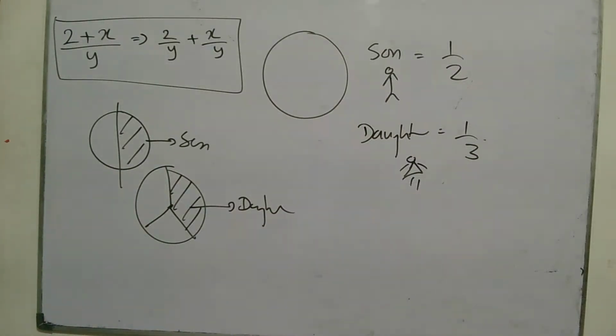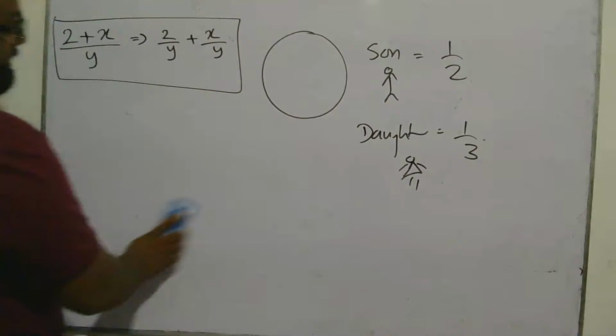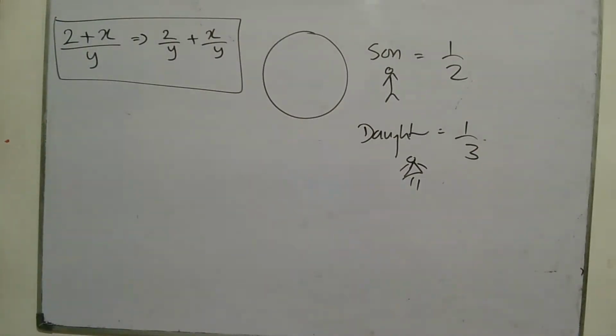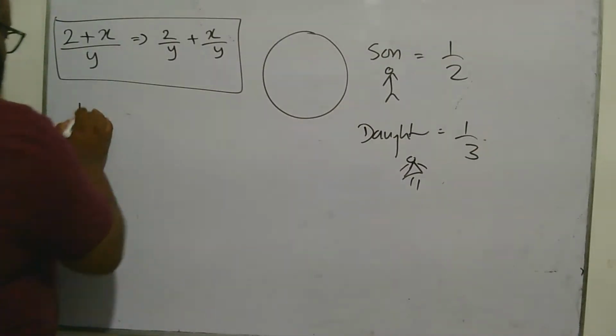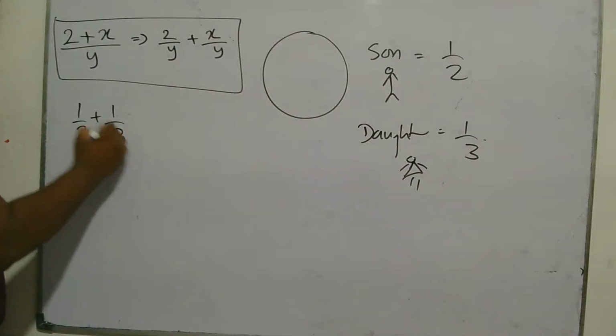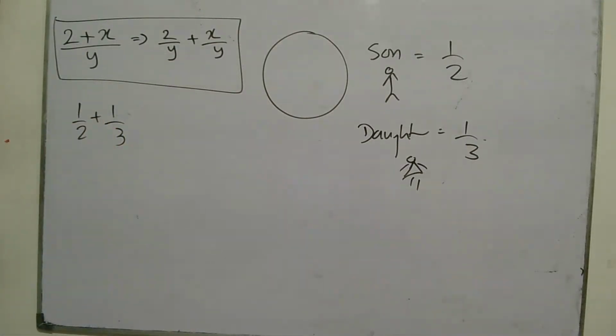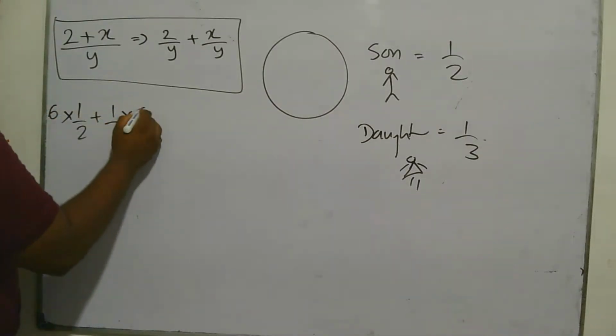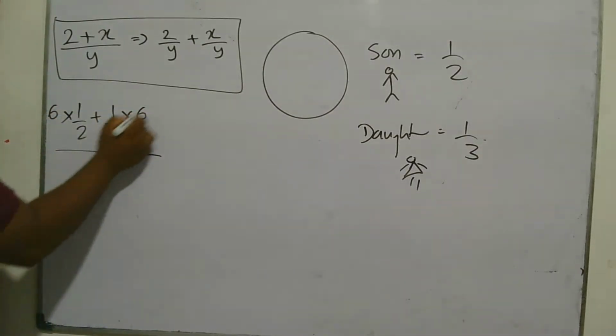If son needs half and if daughter needs one third, we find the LCM of both of them, 2 and 3. What is the LCM? The LCM is 6. We multiply both sides by 6, divide by 6.